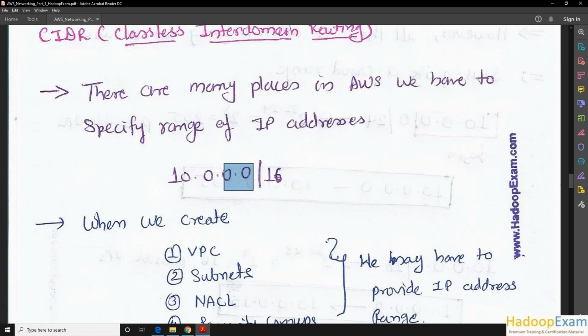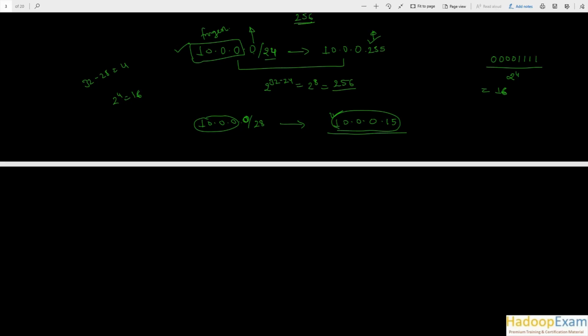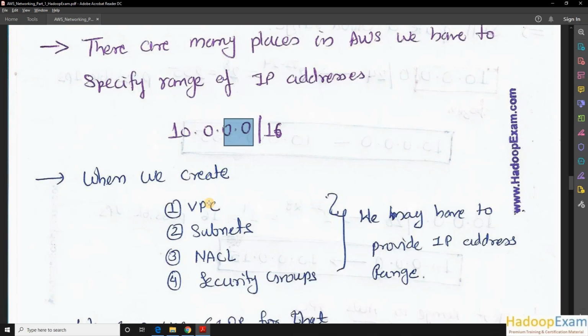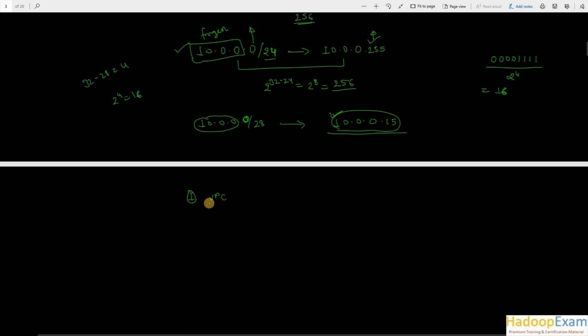Why would we be creating so many IP ranges? Because when we go for creating VPC subnets in AWS, NACL, Network Access Control List, Security Group, we are always providing a range of IP addresses. Suppose my IP is 10.0.0.0/24, which represents how many IP addresses? 2 raised to power 8, correct? 256 IP addresses.